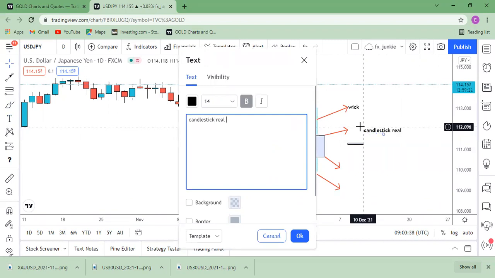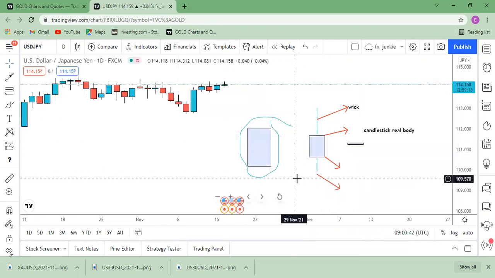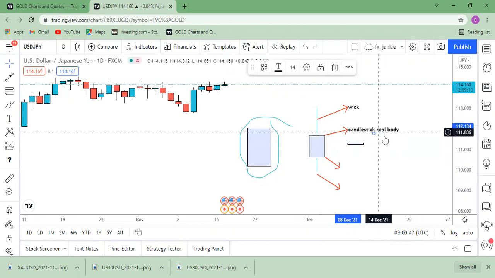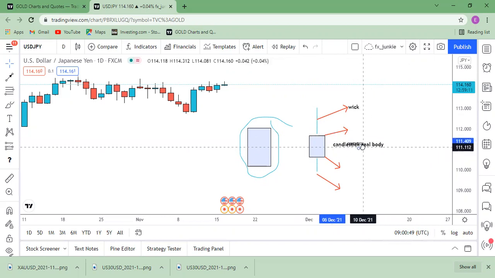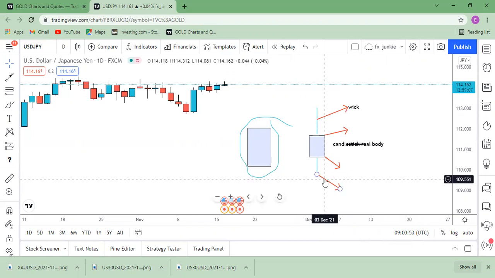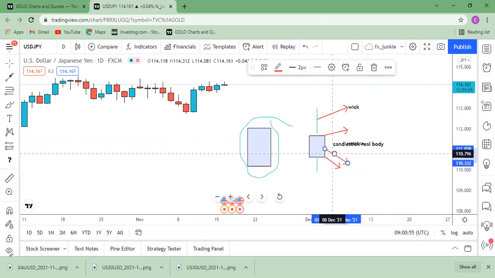We'll call it the candlestick body. This is what I'm talking about right here.